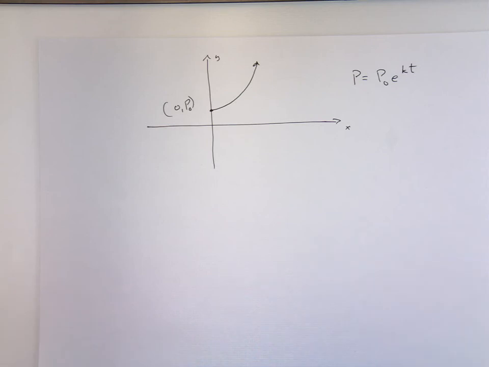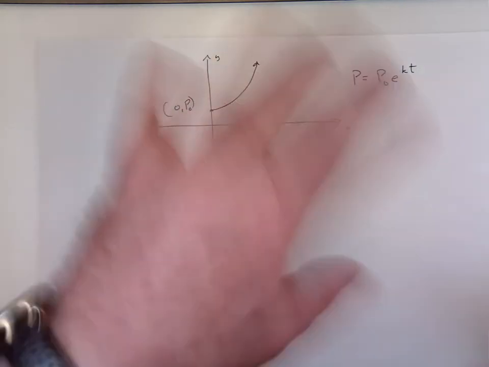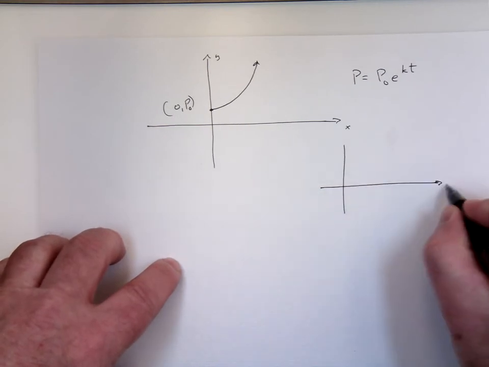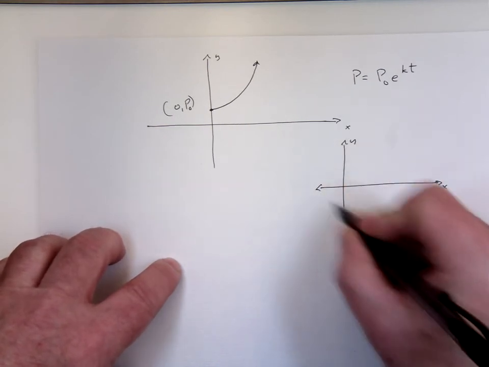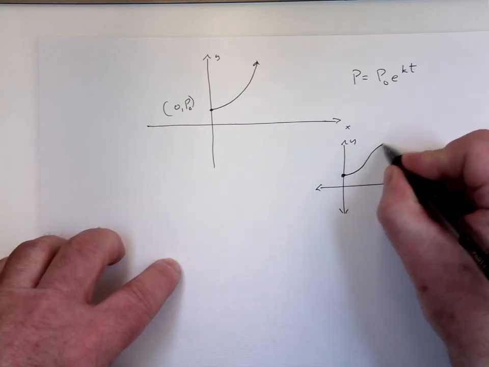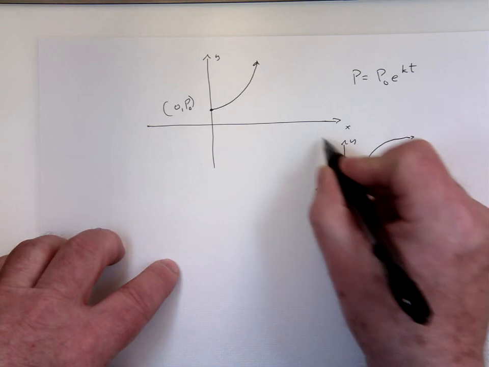What's a better model? We're not going to do it right now, but a better model is this one here, where you get this. It's called a logistic function. It starts off exponential growth, but then it levels off to a horizontal asymptote. This is called the carrying capacity of the environment.